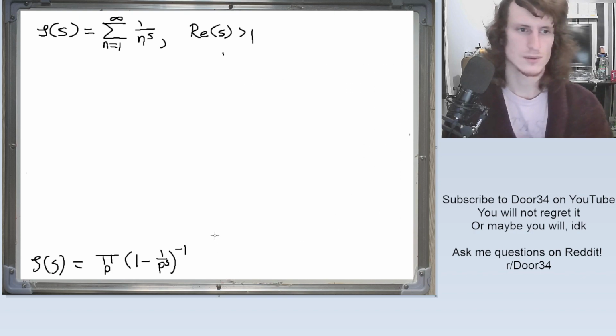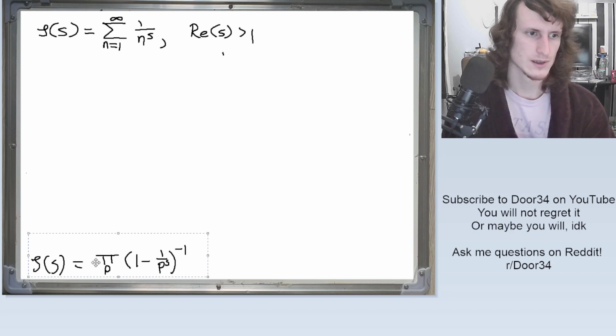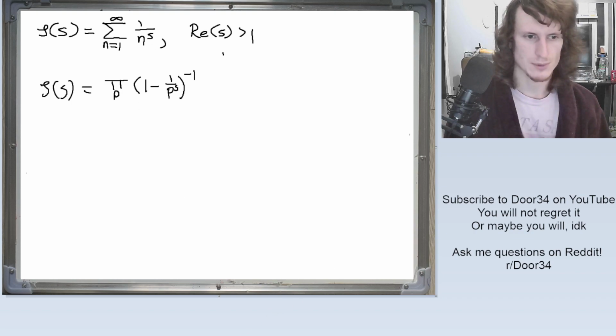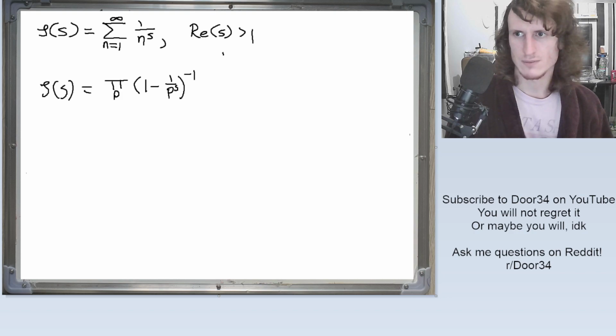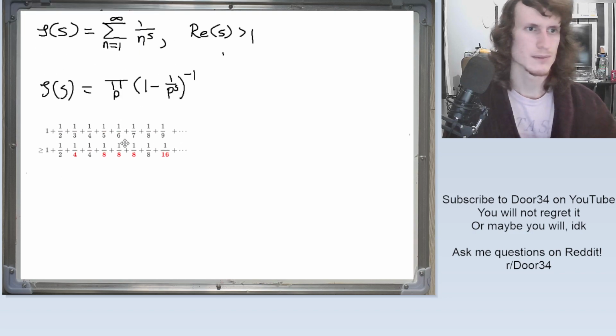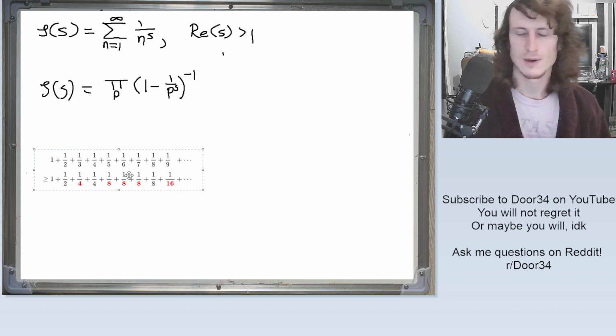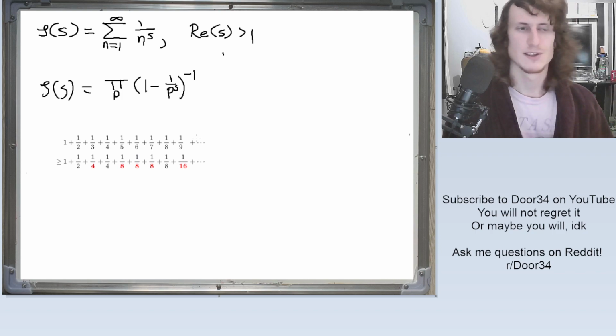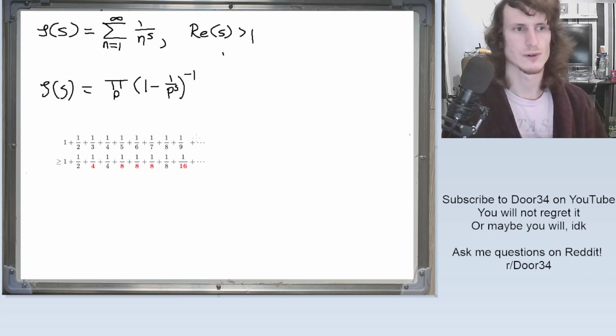Okay, so you'll remember at the start of the video I said that there's also another thing that we need to show, and that is that zeta of 1 diverges. And this is actually a really simple proof, and I'm just going to copy this in here. This is from the Wikipedia of the harmonic series, which is just zeta of 1.